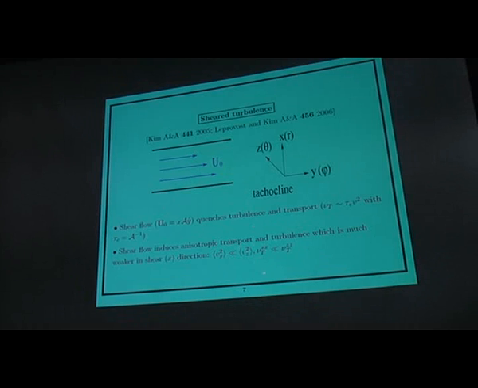This is also true for the momentum transport. So even without having stratification in your tachocline, you can have anisotropic transport, with the momentum transport much faster in the horizontal plane compared to the radial direction, due to the shear flow.